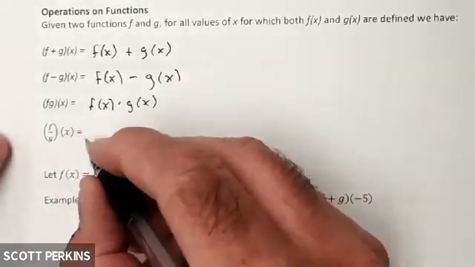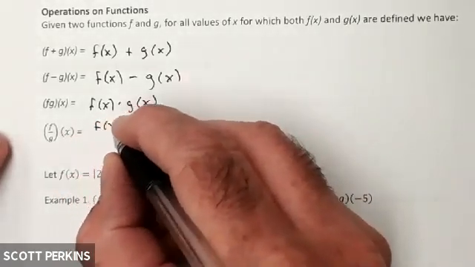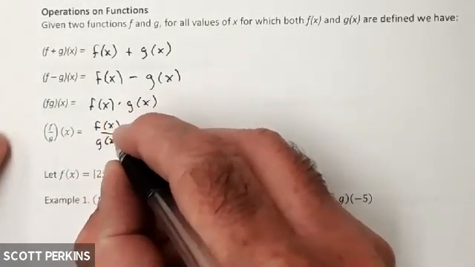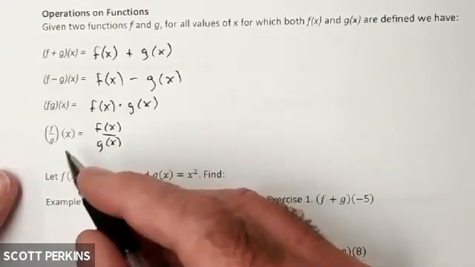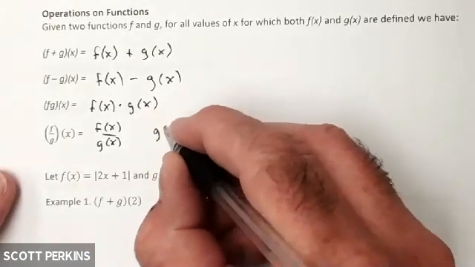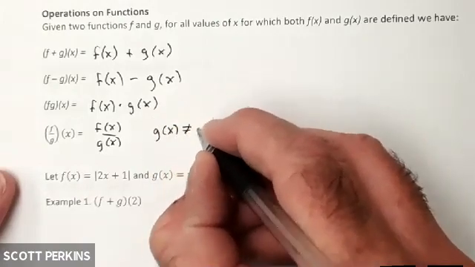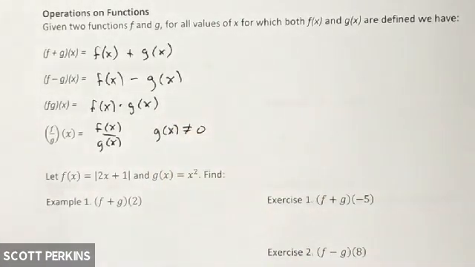And then finally, the quotient function is f of x divided by g of x. There's one caveat to the quotient function that we have to be careful of. Since we're now dividing, we are going to eliminate any inputs that make g of x equal to 0, because it's in the denominator.